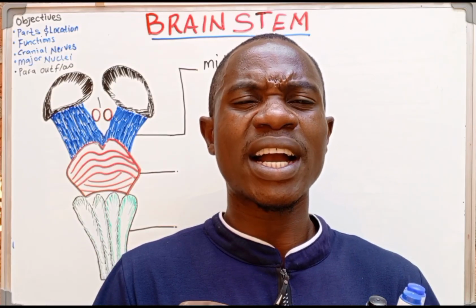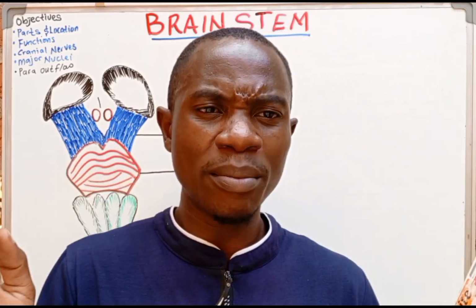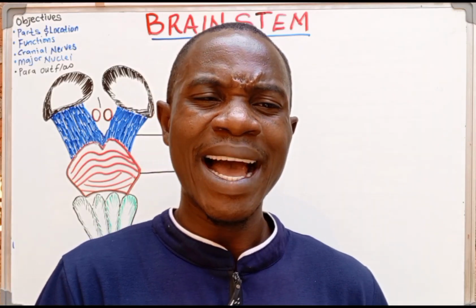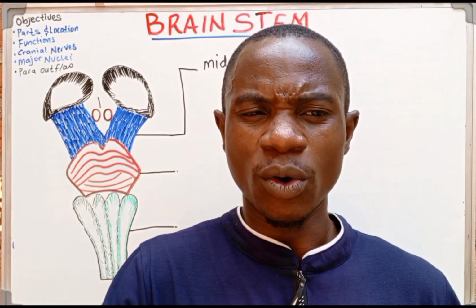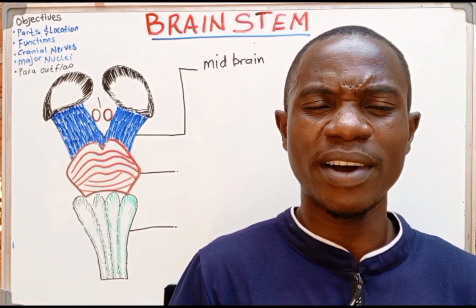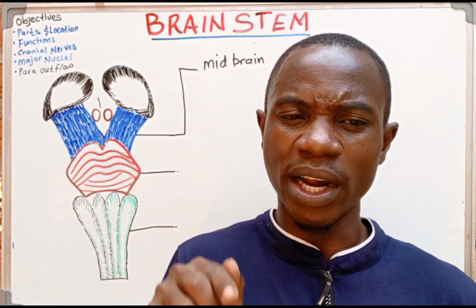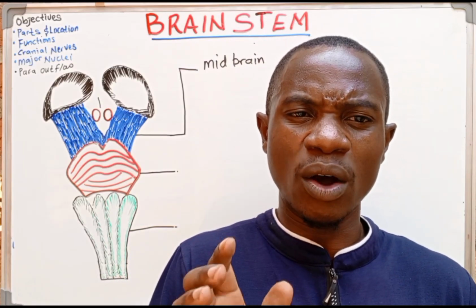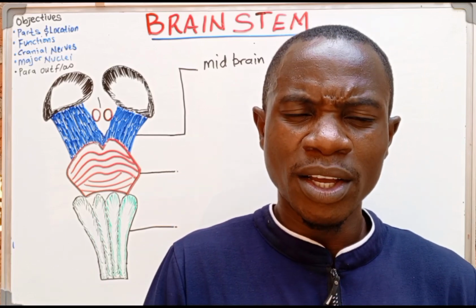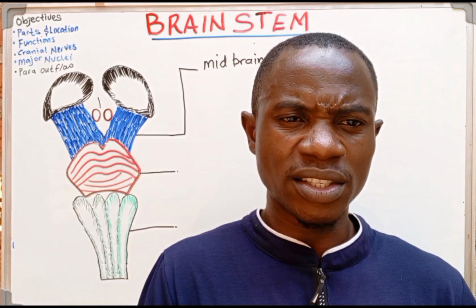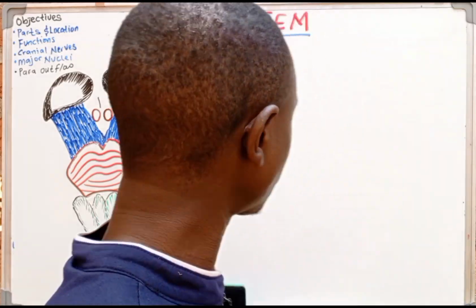Some come from the cerebrum and are not directly connected to the brainstem, and those are cranial nerve 1 and cranial nerve 2, olfactory and optic. But the rest, from cranial nerve 3 up to 12, all come out from the brainstem. So let's look at them individually and see on which part of the brainstem they come out.